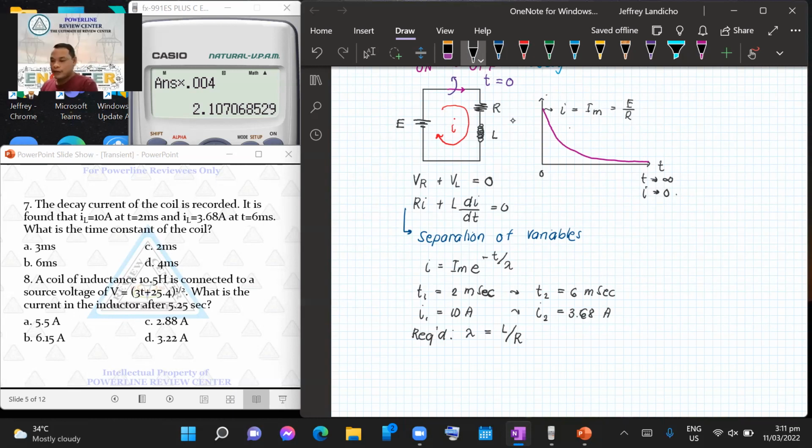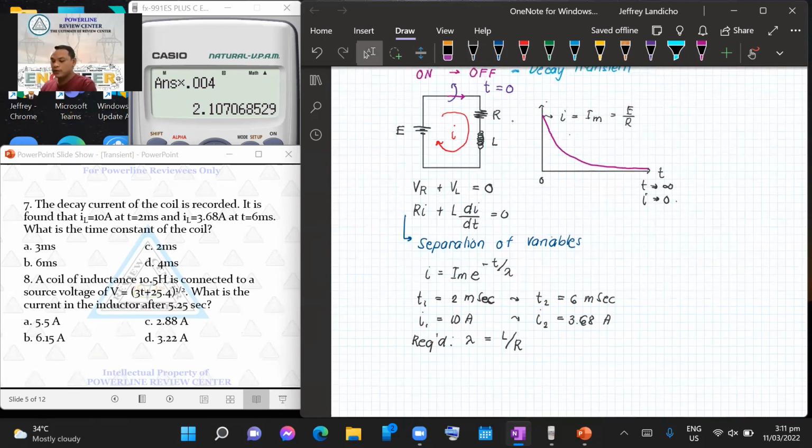So how to solve for that? We already have two equations. Earlier, we already used this equation, that the corresponding time constant is also equal to t1 minus t sub 2, divided by the natural log of, earlier voltage, now current, it should be I2 over I sub 1. Where is that from?